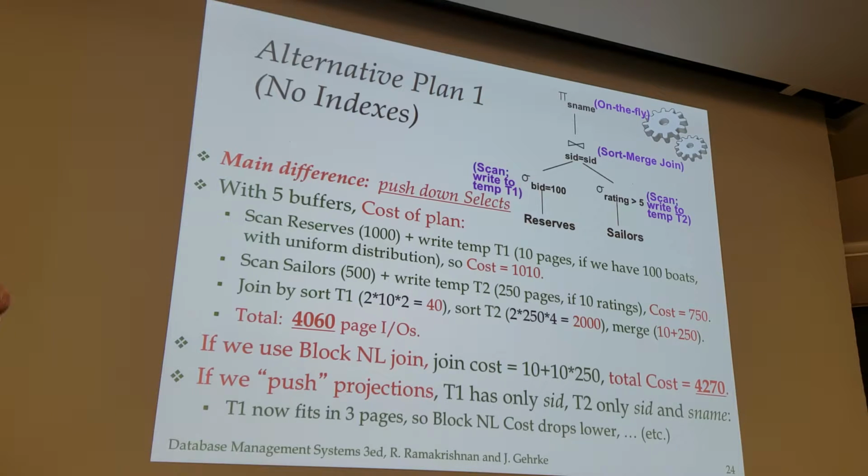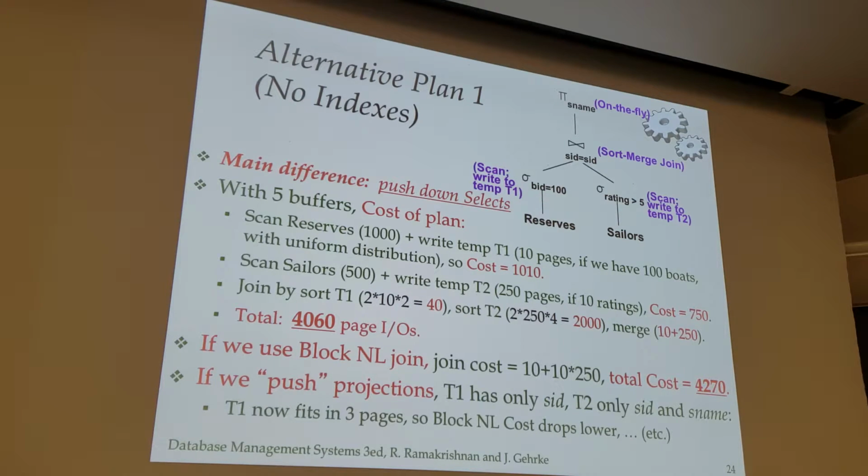Nothing from reserves shows up in the answer, just the serial number. So why am I keeping all the attributes around when I only care about one of them? When I write out the temporary, I can make it smaller, which is going to seriously reduce the number of pages in the temporary. T1 can be a lot smaller than what I said here, 1/4 the size, maybe less.